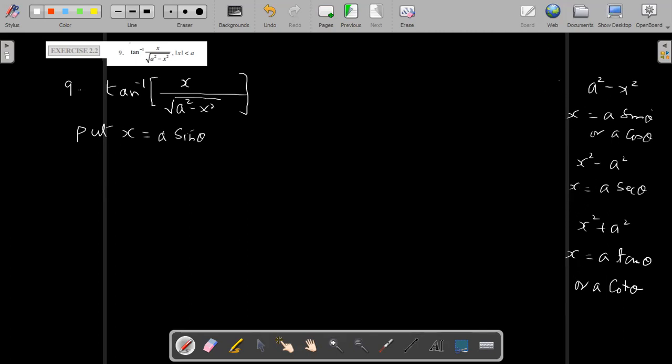Okay, so you have to remember what the substitution will be whenever it is given x square minus a square, or a square minus x square, or x square plus a square.